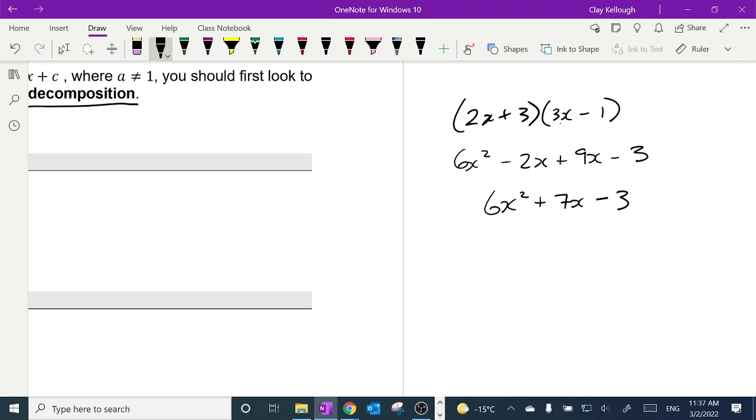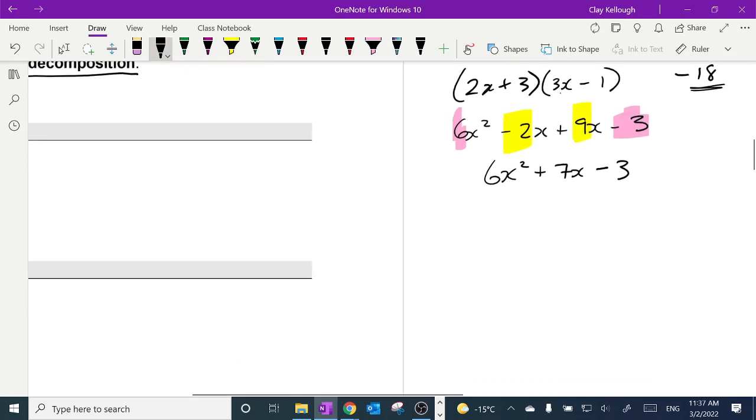But backing up to when it was 4 terms, maybe you never noticed this before, but notice that 6 times -3 is -18, and -2 times 9 is also -18. Now, why is that important? Because that allows me to think about this backwards.